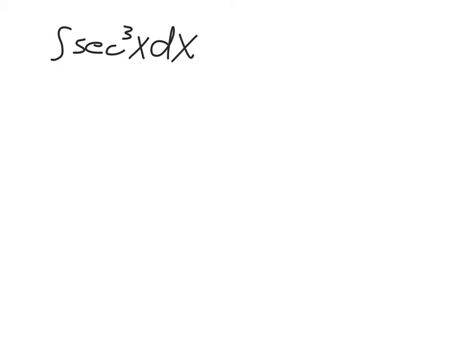In this particular case, let's let u equal secant theta, and dv, we'd be left with secant squared. Well, I'm using x. Let's use x instead of theta.